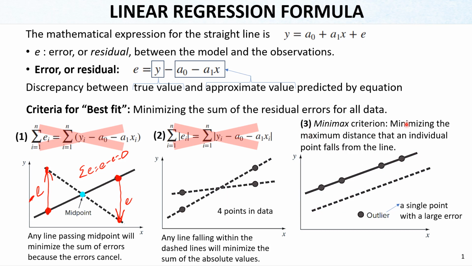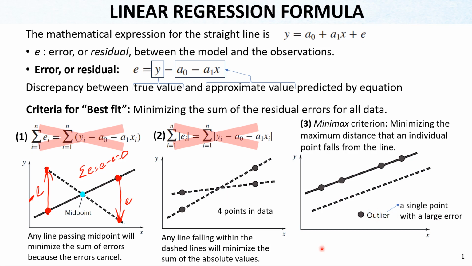So that's why this is not usable either, especially when we have outliers. Maybe we can remove this outlier and fit this, that's okay. But if we want to still keep this here, normally a regression should still give this. This shouldn't be very dominant. So a single point with a large error is a problem. That's why we don't use this either.